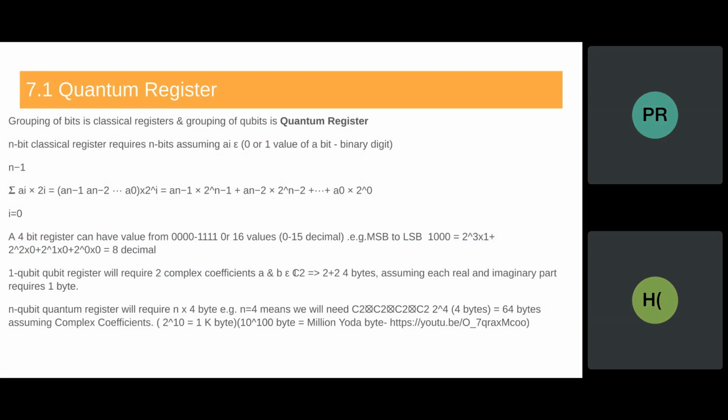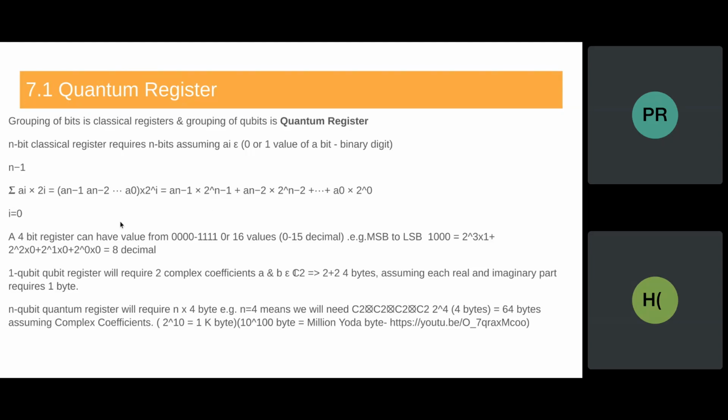So now let's get to the quantum register. A quantum register is nothing but a group of bits. In classical computing, we have a group of n bits, and we say it is digits 0 to n minus 1. When you want to compute in terms of binary, you take each term ai into 2 to the power i, so basically a(n-1), a(n-2), down to a0, each into 2 to the power i.